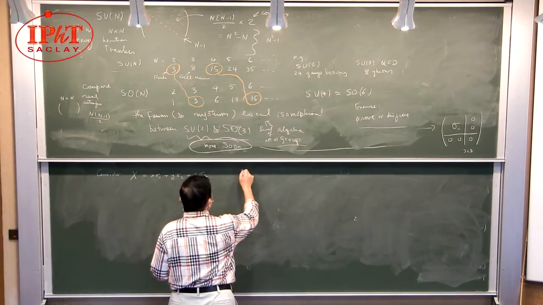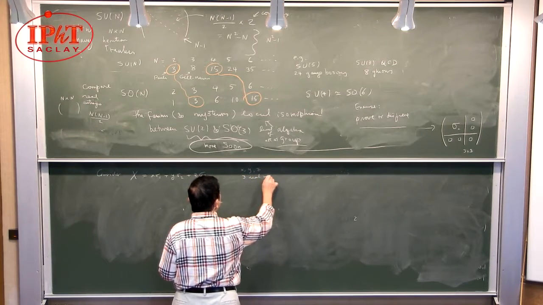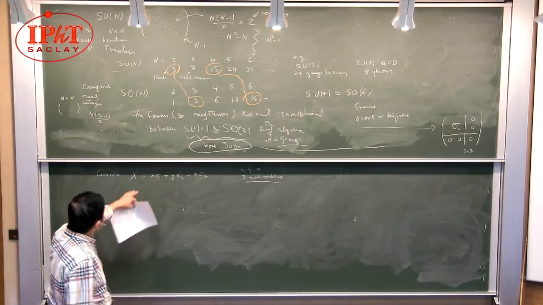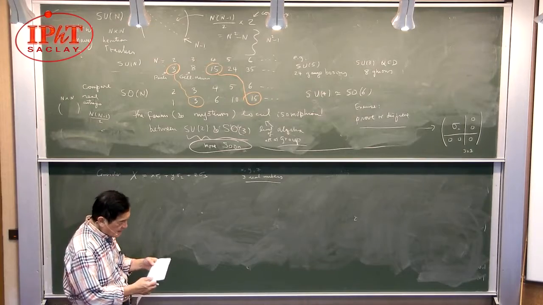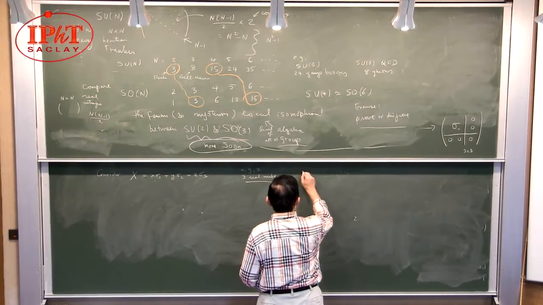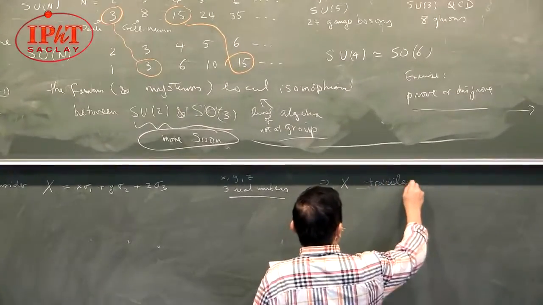So x, y, z are three real numbers. Now, if sigma 1, sigma 2, and sigma 3, the three Pauli matrices, are traceless Hermitian, this implies that X is also traceless Hermitian.